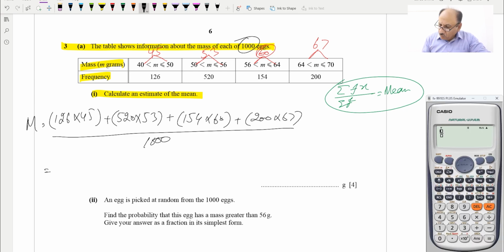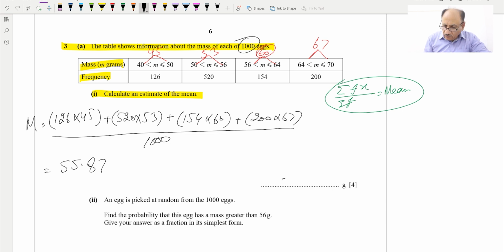This will be 126 into 45, plus next will be 520 into 53, plus next will be 154 into 60, plus this will be 200 and multiply by 67 and divided by 1000, and this is equal to 55.87.